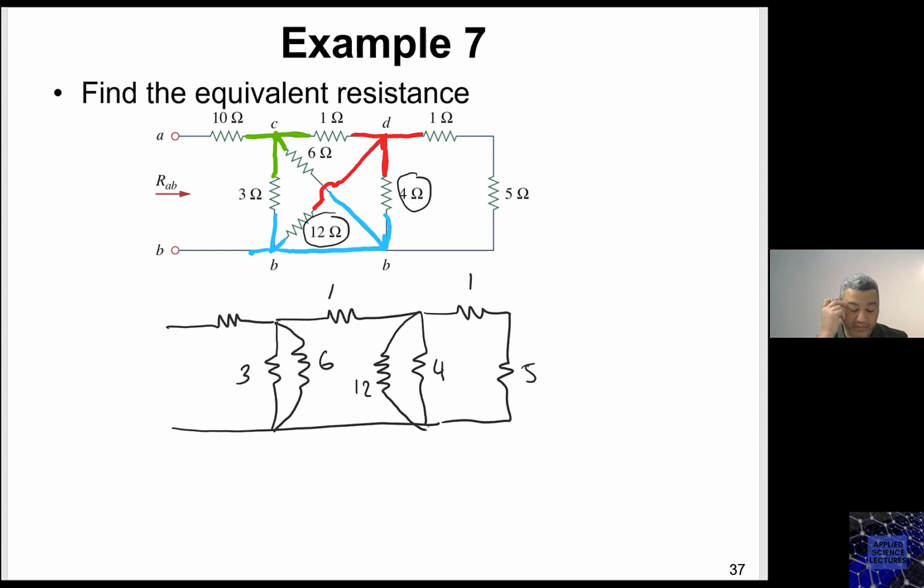Right? Now the problem seems to be straightforward after what I've done. Now I have 1 and 5 in series, and then this 6 is in parallel with 4, in parallel with 12.